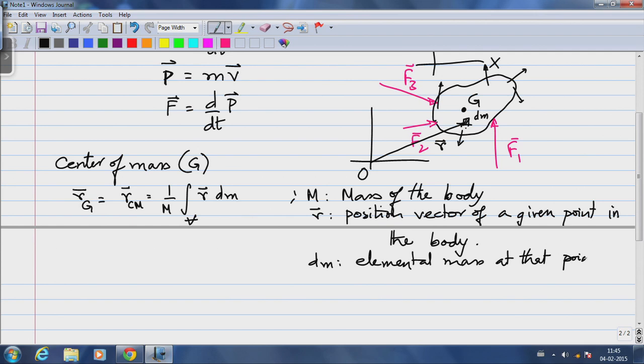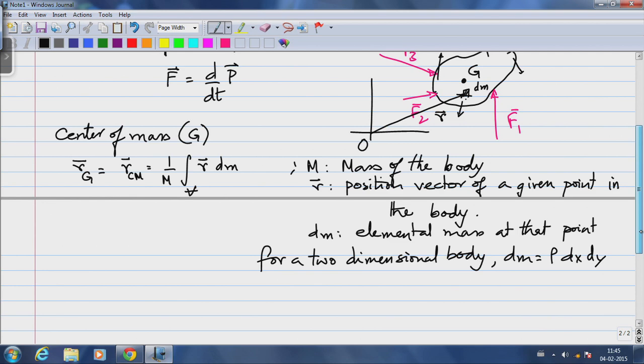So, for a two dimensional body, this may simply be the density times dx dy, like an elemental area times the area density.